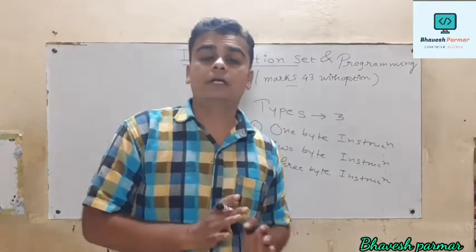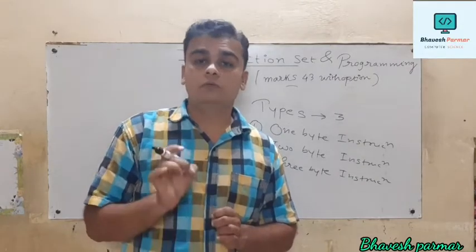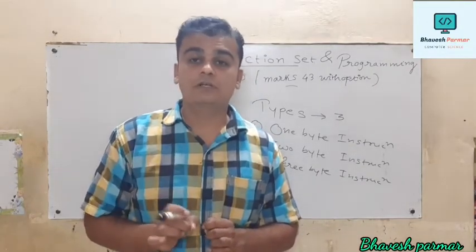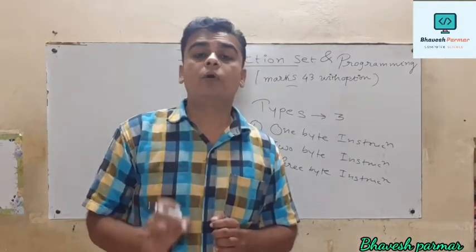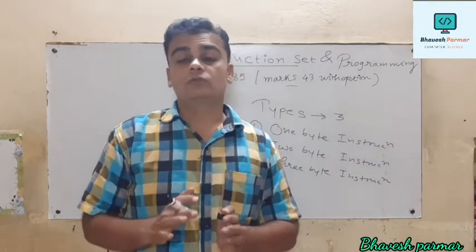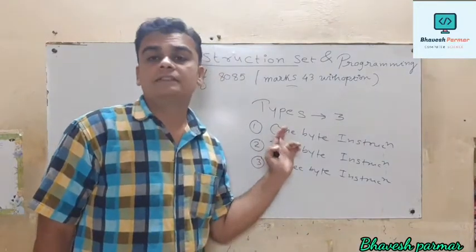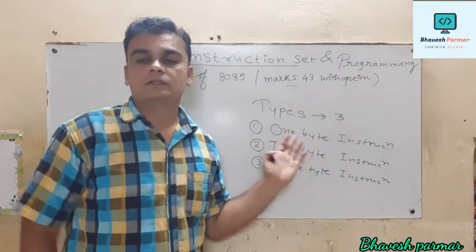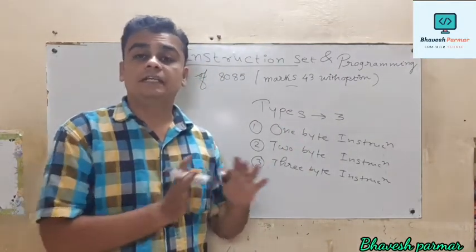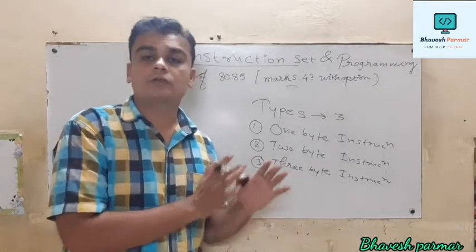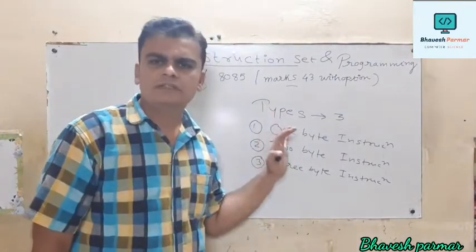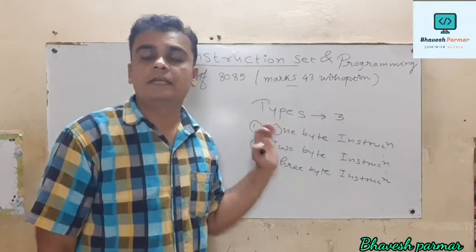As I told you earlier, for a 1 mark question on instruction, we need to write approximately 7 points, and one of those points is related to bytes. So how can we identify whether it is a 1 byte, 2 byte, or 3 byte instruction? Let me focus on this topic very carefully.